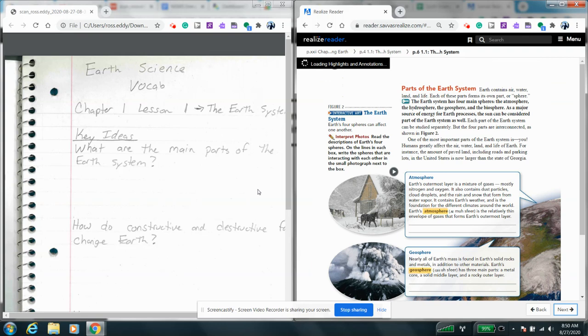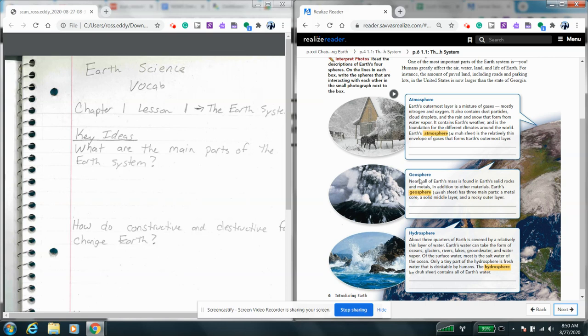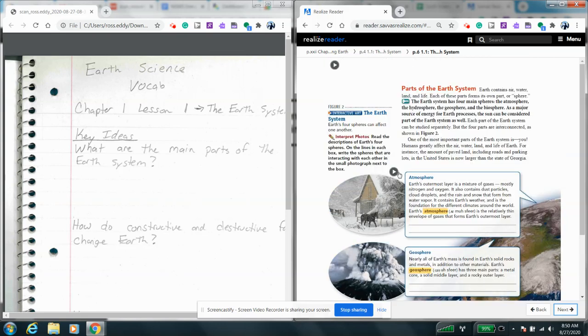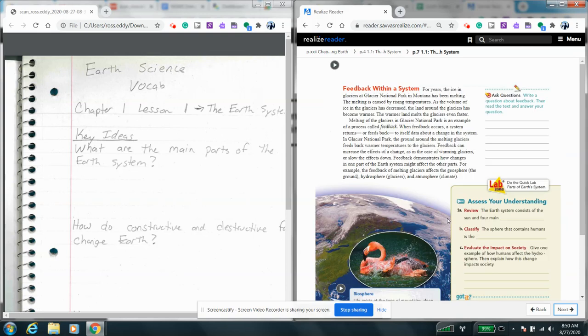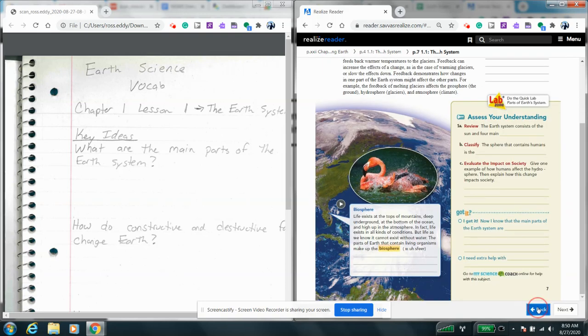The other thing that we need you to pay attention to is sometimes the vocabulary words are going to be inside of little boxes. There may also be pictures sometimes that we have you draw in there. So in the lesson, as we're going through, we may say, on page 6 or 7, I want you to draw a picture of what the atmosphere, geosphere, hydrosphere, and over here, the biosphere look like.